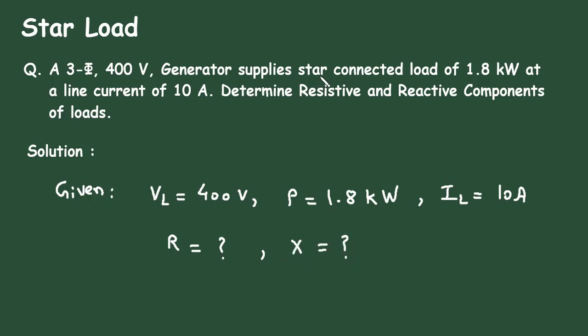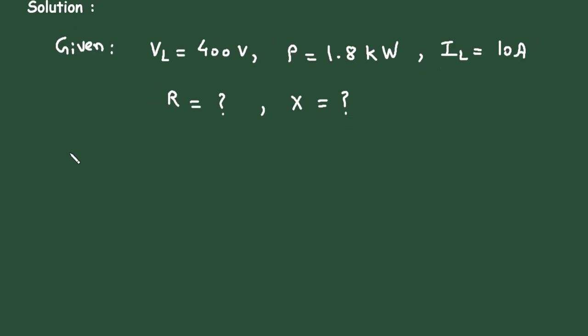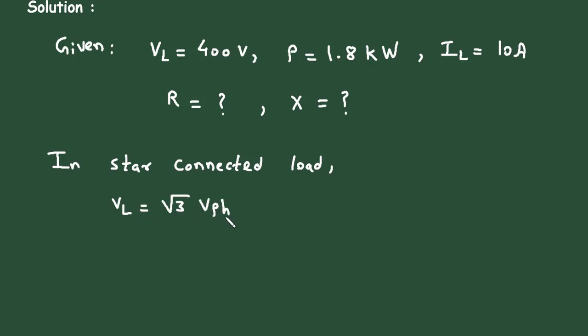First of all, it is a star connected load, and in star connected load, VL is equal to √3 VPH and IL is equal to IPH.